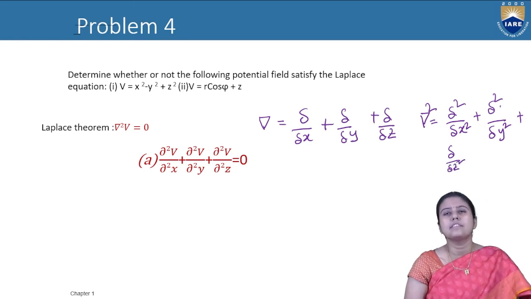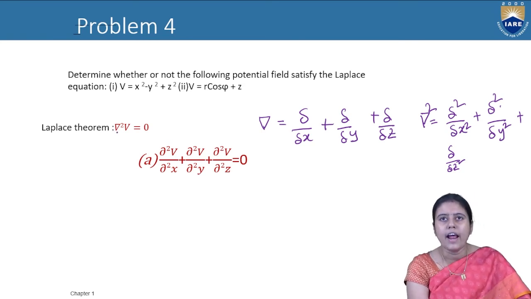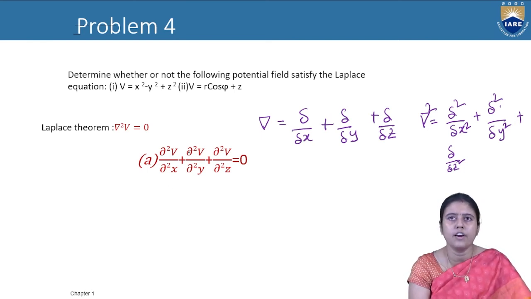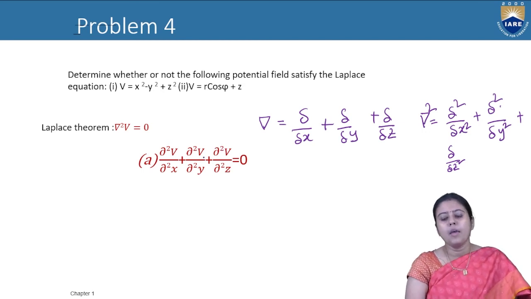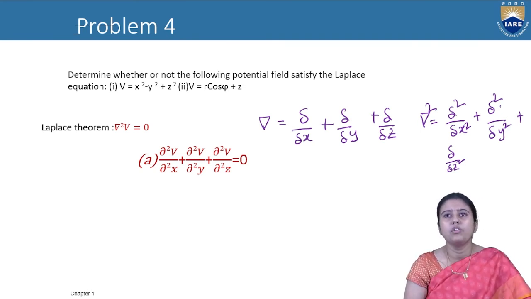Now we are calculating grad square V, which means del square V by del x square plus del square V by del y square plus del square V by del z square. If it equals 0, we can tell it proves the Laplace theorem.